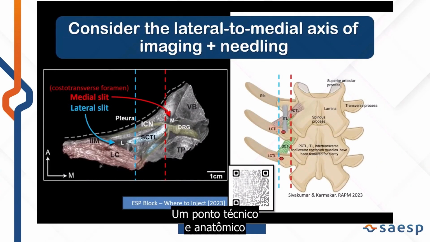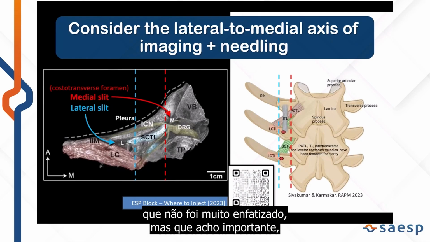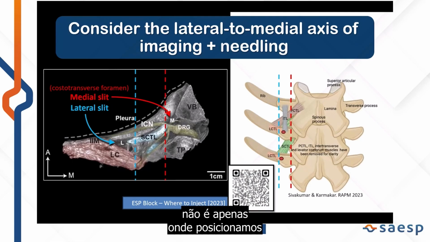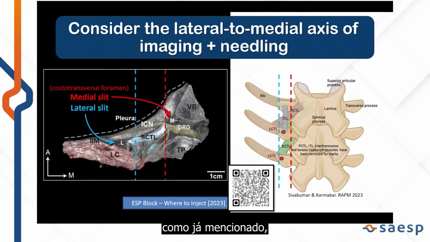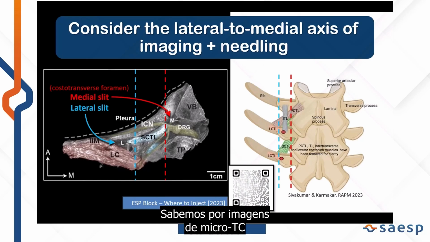One technical and anatomical point for successful ESP blocks that hasn't been emphasized much to date, but that I do think is important, is not just where you're positioning the needle tip with regard to the anterior-posterior axis, as we've just talked about, but also the medial to lateral axis. We now know from micro-CT imaging that there are these two gaps that link the retro-SCTL, or superior costotransverse ligament, and paravertebral spaces.